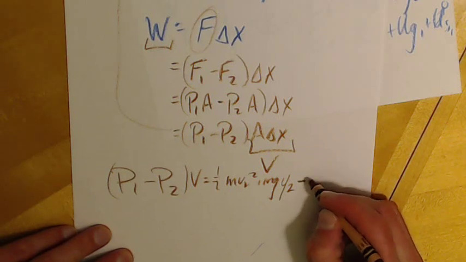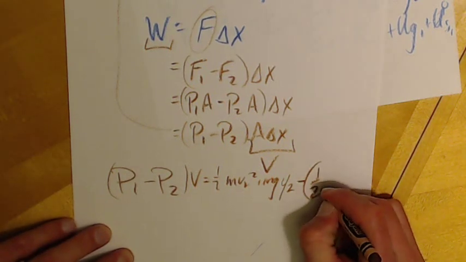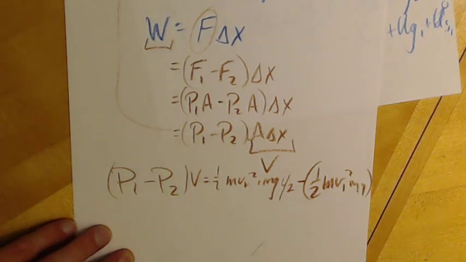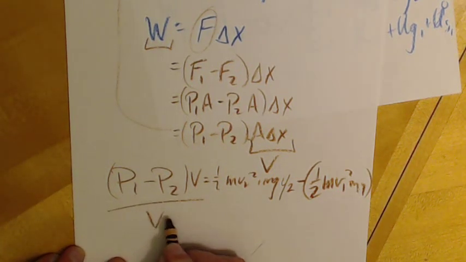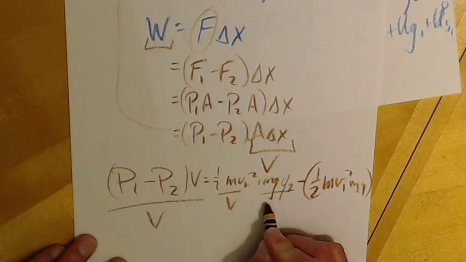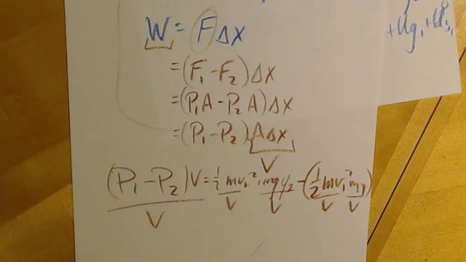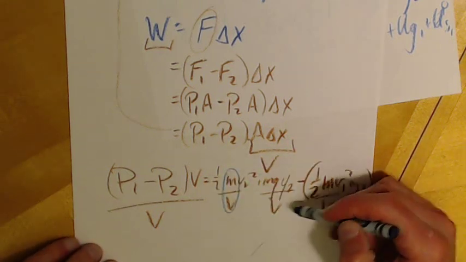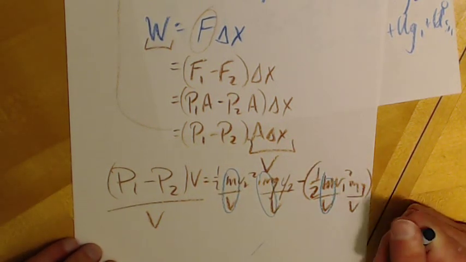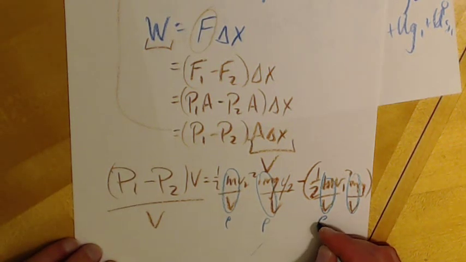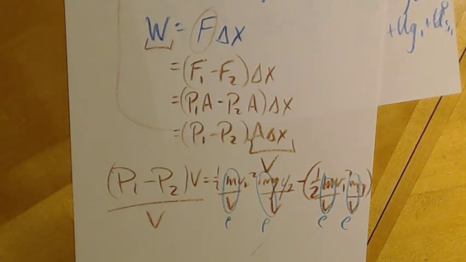All right, let's divide both sides by volume. I'm going to switch colors so you can read it a little better. Mass over volume, mass over volume, mass over volume, mass over volume. We know that as a different letter, rho. Let's plug that in and go from there.